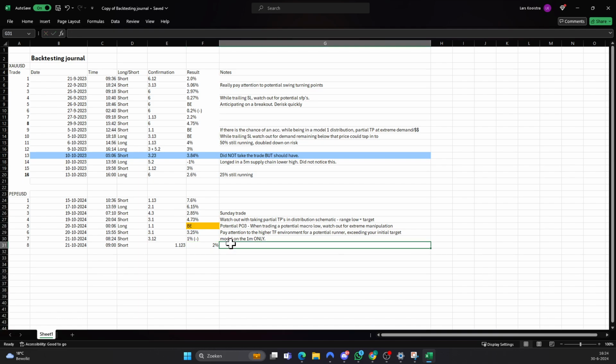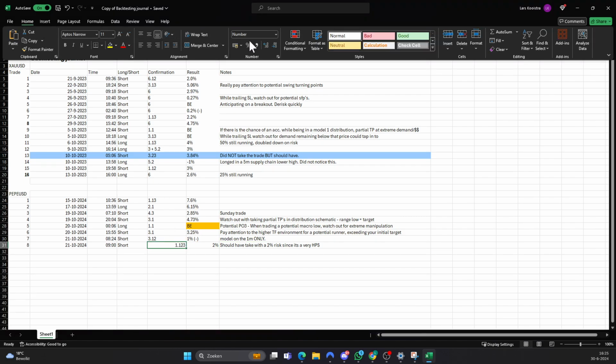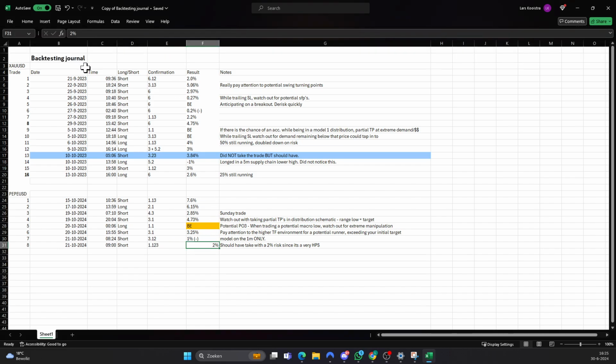And then we're going to say should have taken with a 2% risk since it's a very high probability setup. I'm very particular about these numbers being perfect.